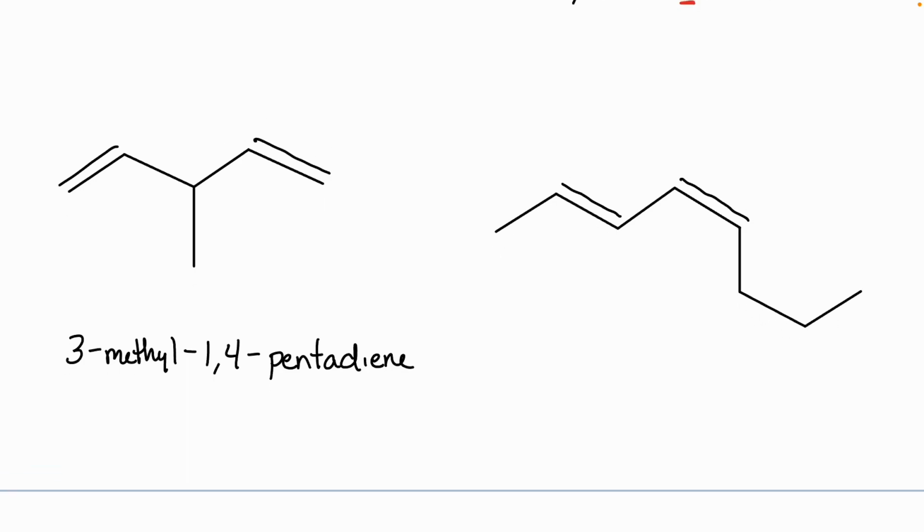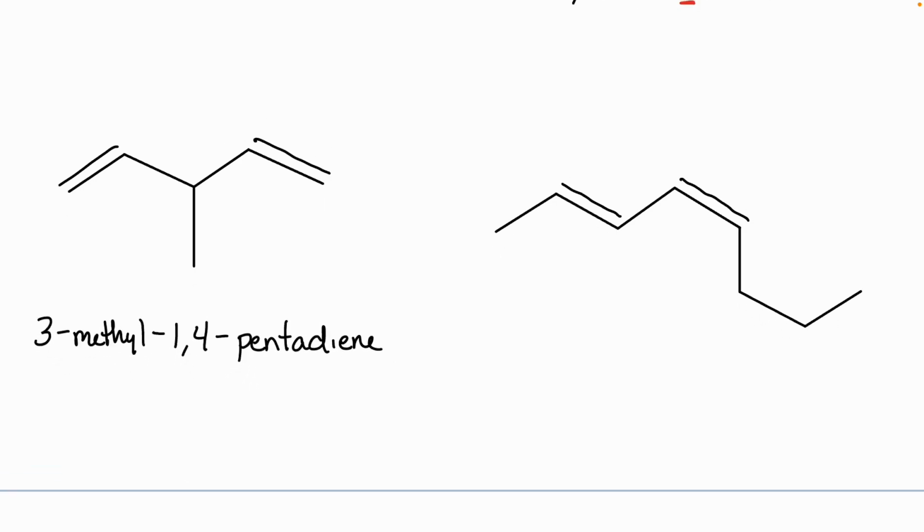All right, for this one here, again, the complication is we have some stereochemistry. This first double bond is what, E or Z? So this one's E. What about my second double bond? Z, okay? So if I'm going to name this thing without my stereochemistry, this would be 2,4-octadiene, right? 1, 2, 3, 4, 5, 6, 7, 8, yep, octadiene.